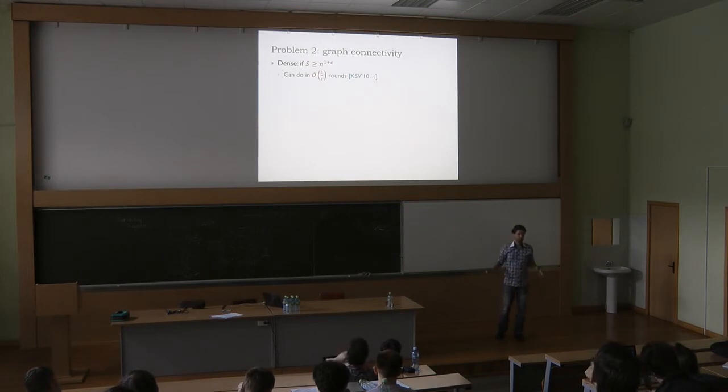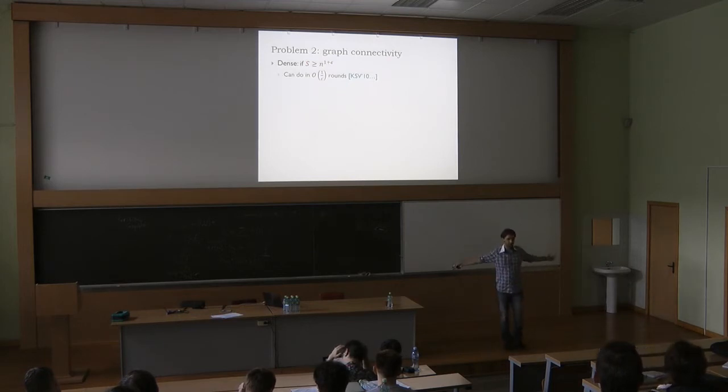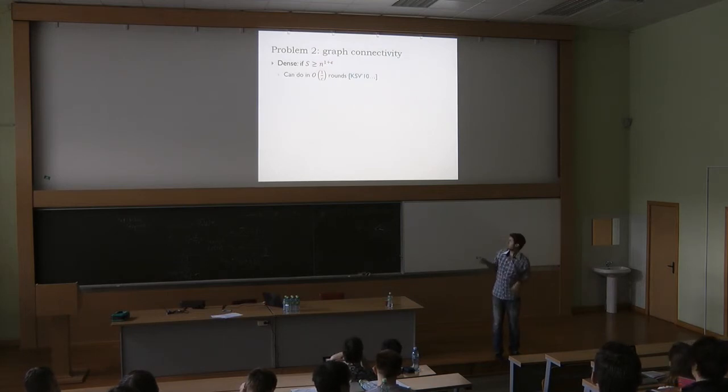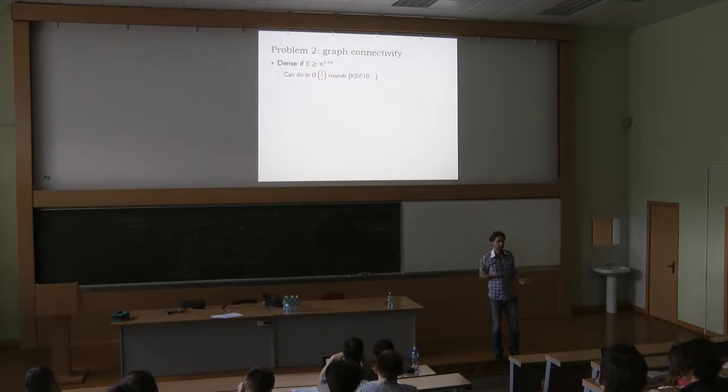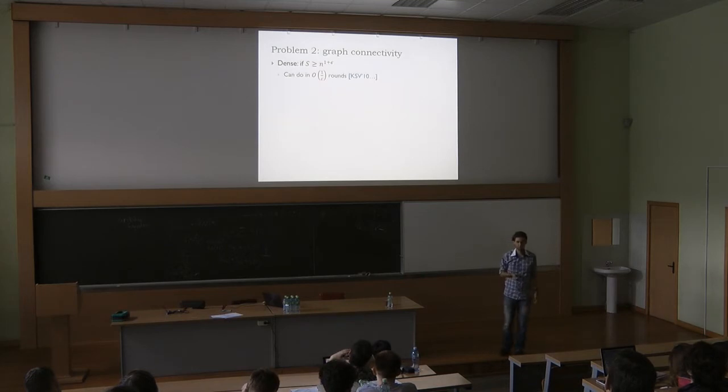The trick is the following. Imagine you have a lot of edges, distributed across many machines, and each particular machine gets n^(1+epsilon) edges. So it has space S, and it will have these many edges.